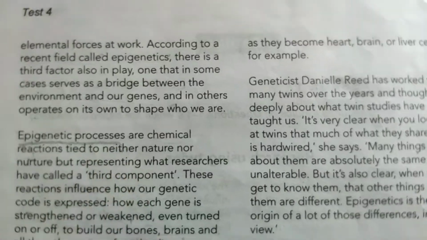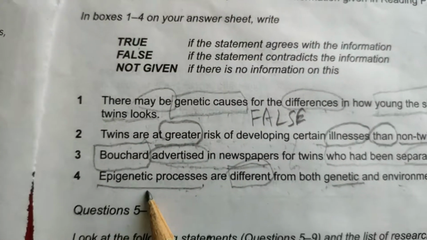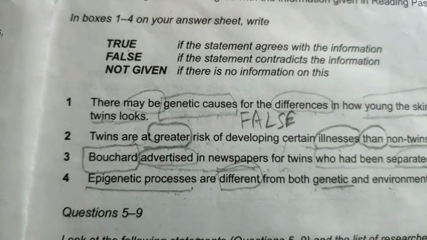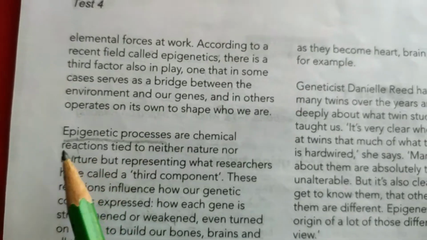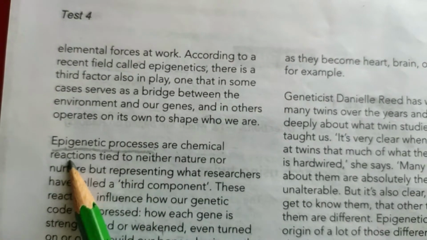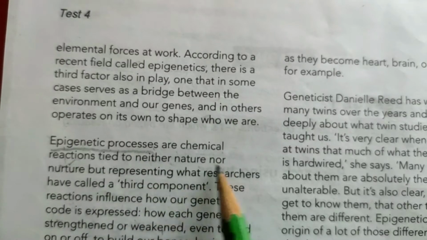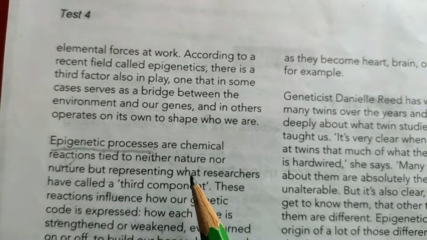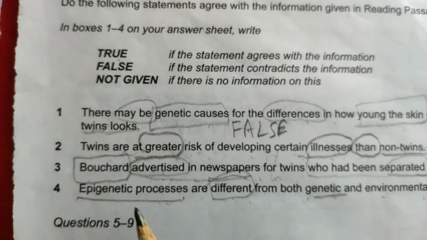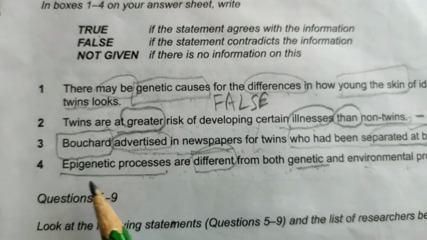Now read the question again. Epigenetic processes are different from both genetic and environmental processes. Now what is the paragraph saying? Epigenetic processes are chemical reactions tied to neither nature nor nurture, but representing what researchers have called a third component. Yes, the statement is also matching.